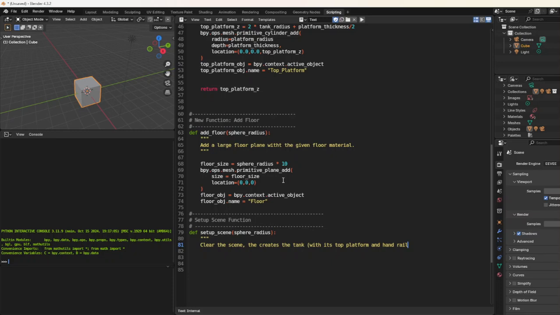It's preparing for future lessons, so we're going to write that for now. Same thing for the spiral staircase and the realistic materials. You're going to add them in later lessons.